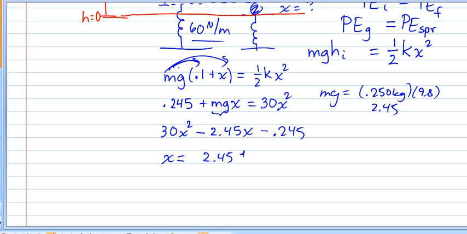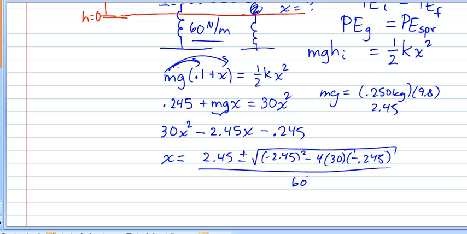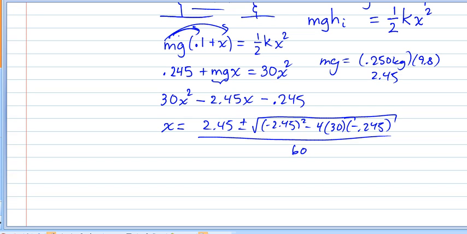So it's negative b plus or minus the square root of b squared minus 4ac, all divided by 2a. And this actually gives us two possible answers. We get x is equal to 2.45 plus or minus, it actually works out pretty nice, 5.95, over 60.